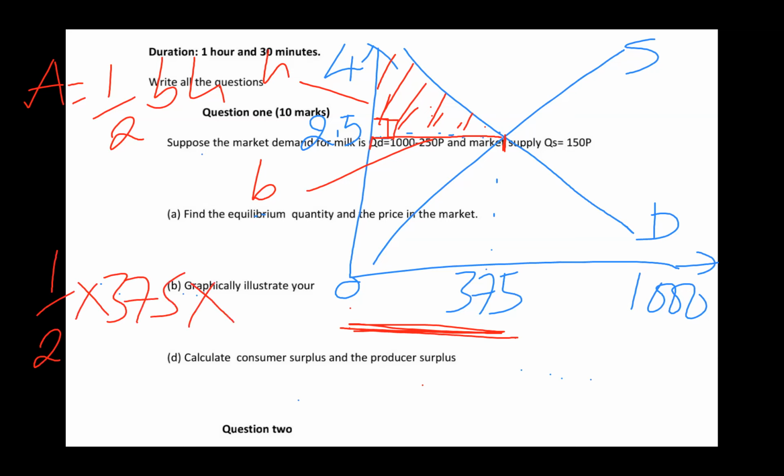The height is the difference between the maximum price, which is 4, and the equilibrium price. What is the difference between 4 and 2.5? That difference is the height. 1.5. Are you all finding the same?